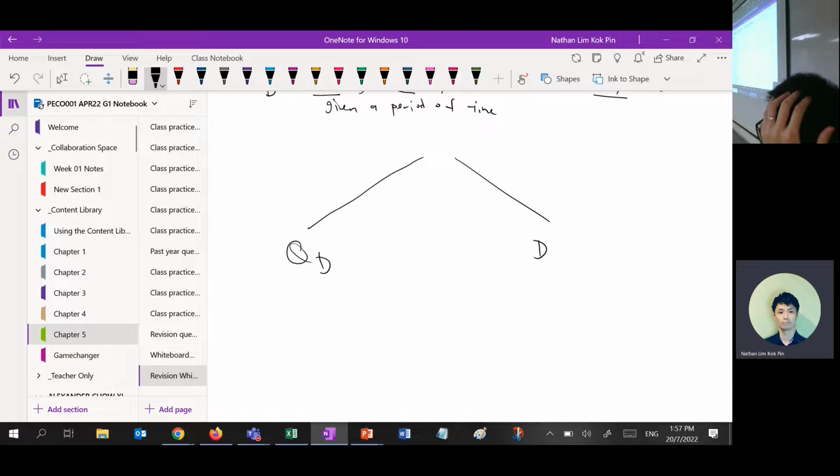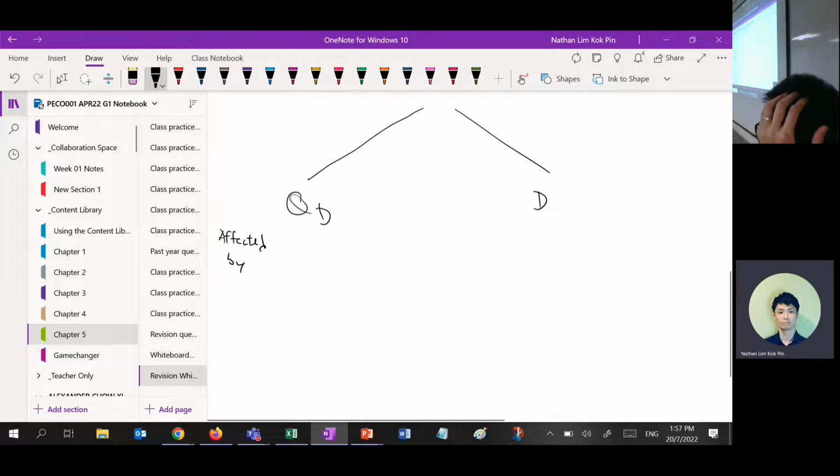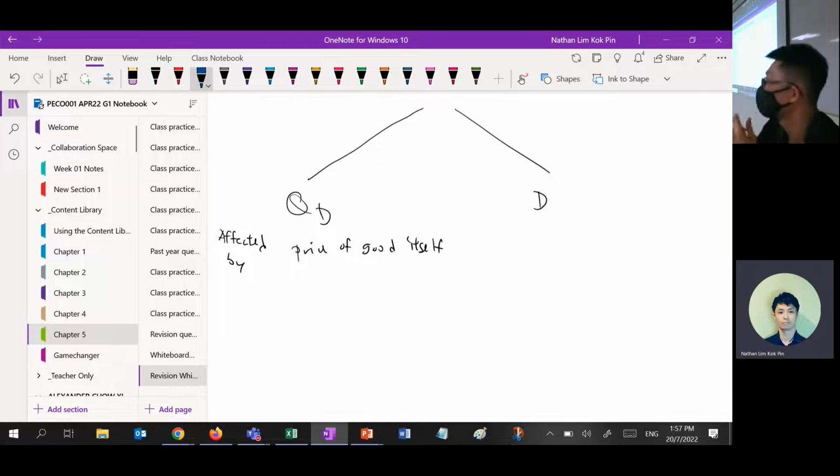QD is only determined by, affected by one factor, which is the price of the good itself. Okay? Demand can be affected by many factors, including the price of related goods.